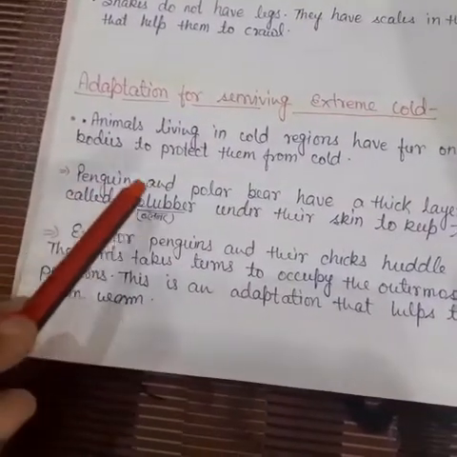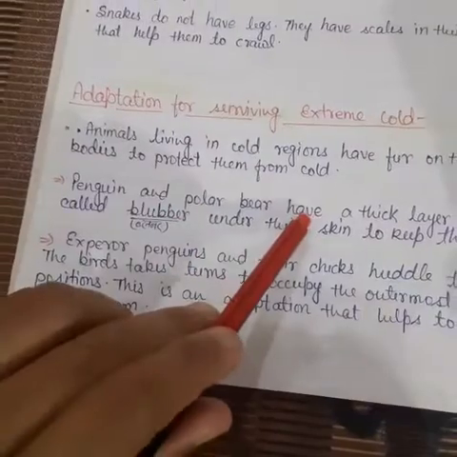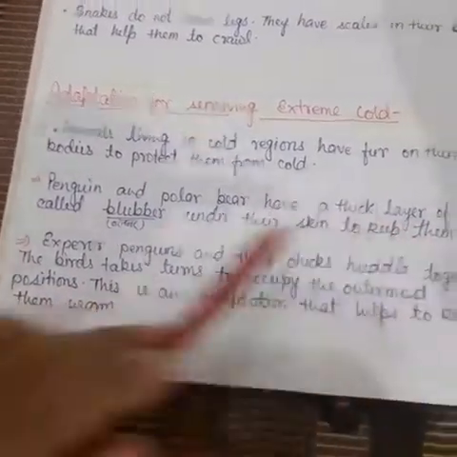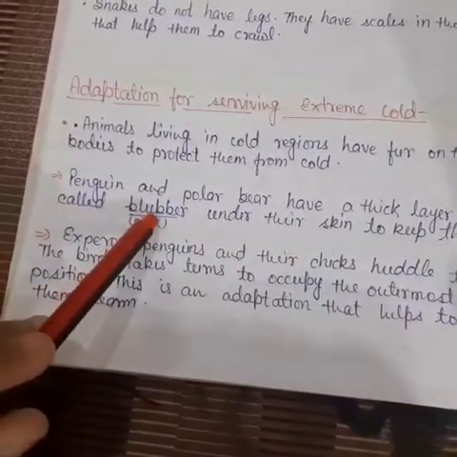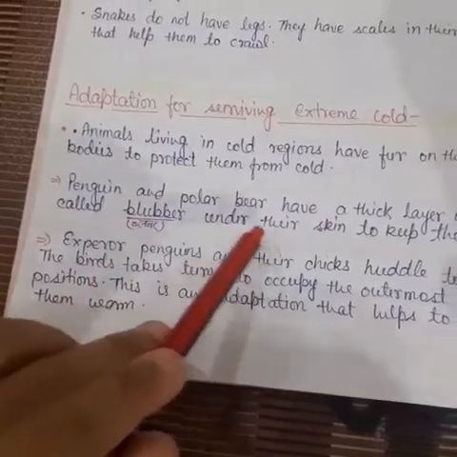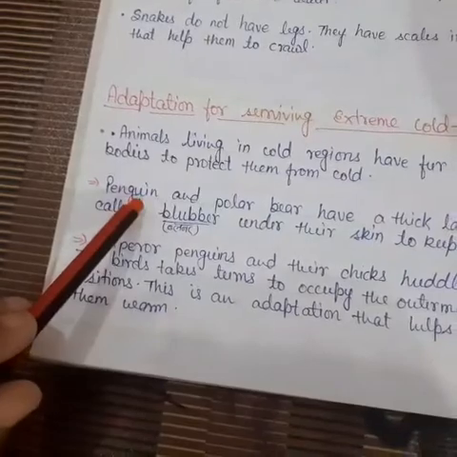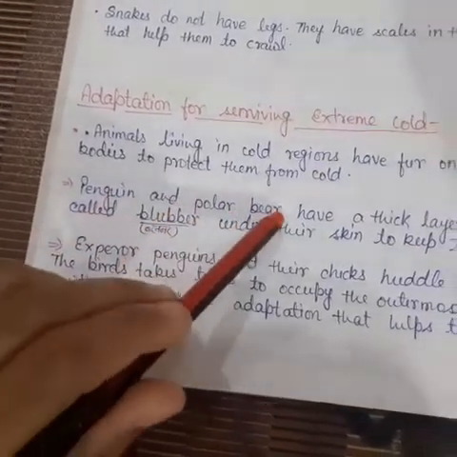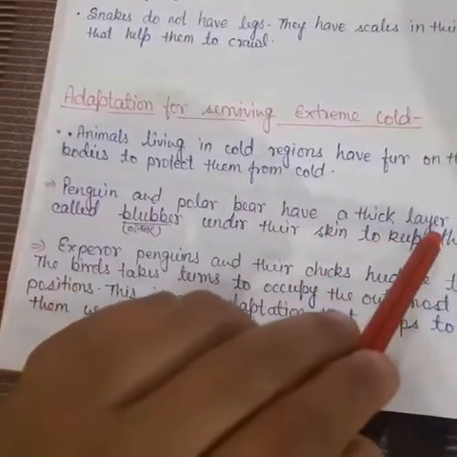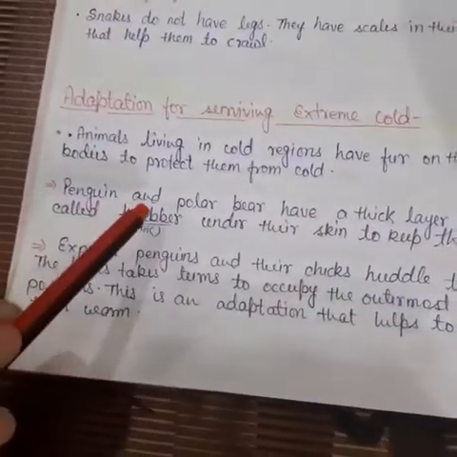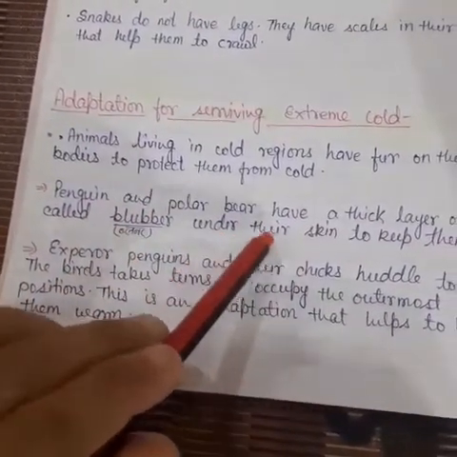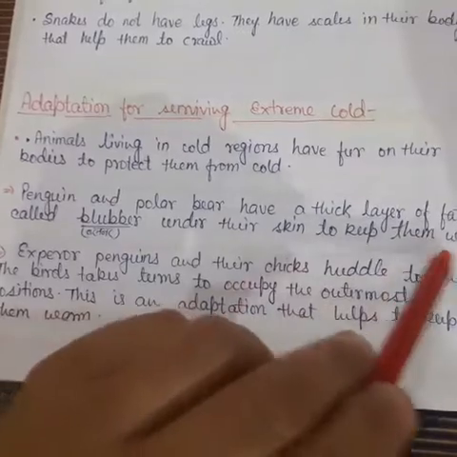Second, penguins and polar bears have a thick layer of fat called blubber under their skin to keep them warm. Again, penguins and polar bears have a thick layer of fat called blubber under their skin to keep them warm.